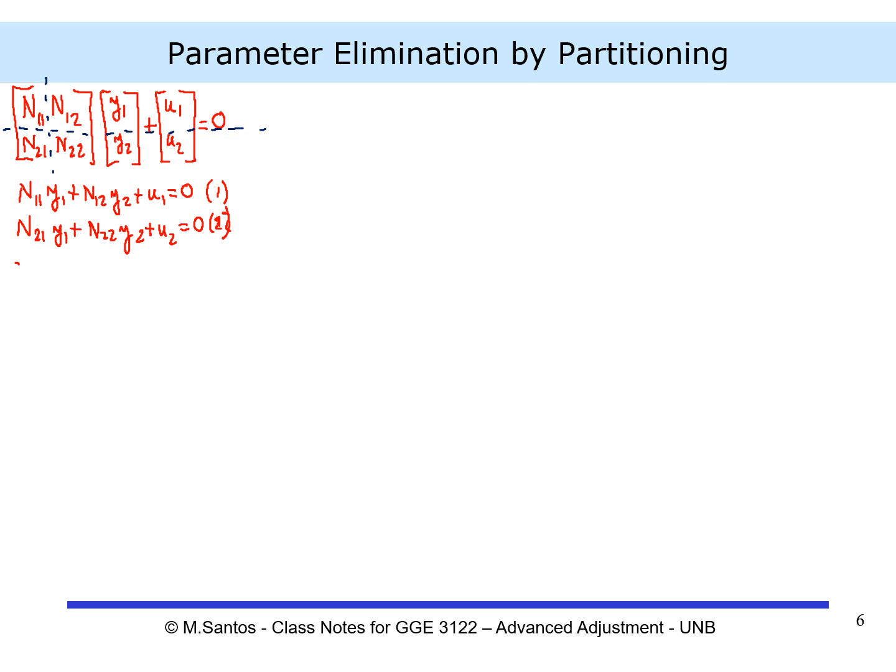Now let's get a solution for y1 from equation 1. So what we have then is n11 multiplying y1 equals to minus n12 y2 minus u1.